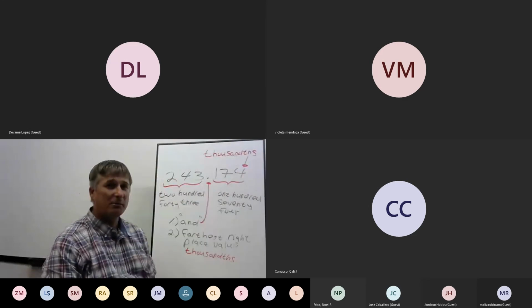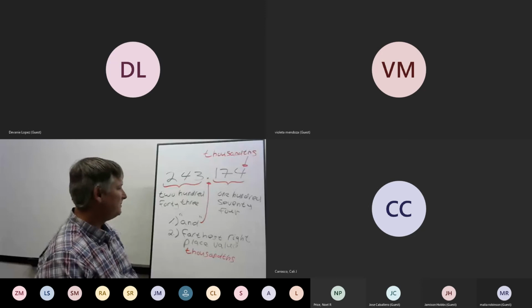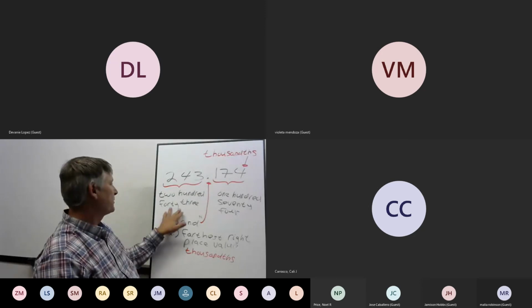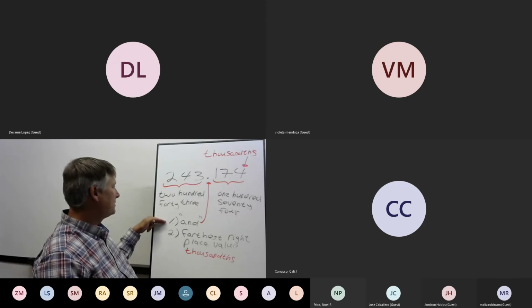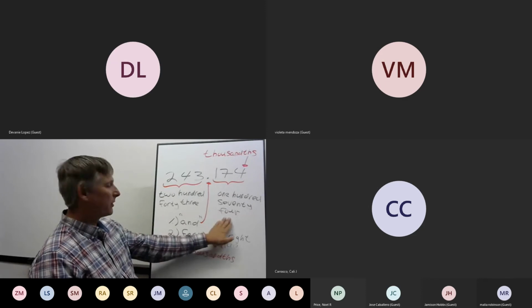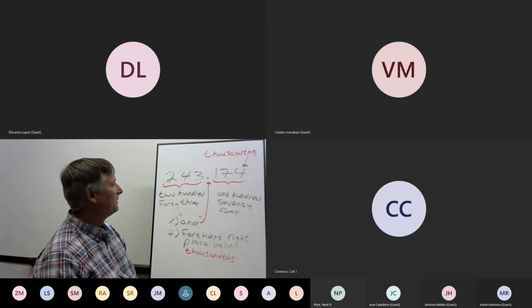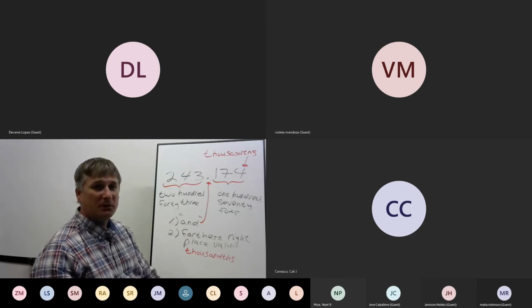That's the farthest right place value. So now when we name this number, 243 and 174 thousandths. So let me do another example.